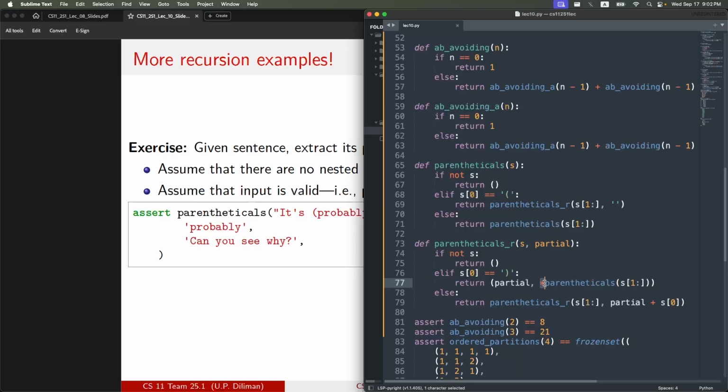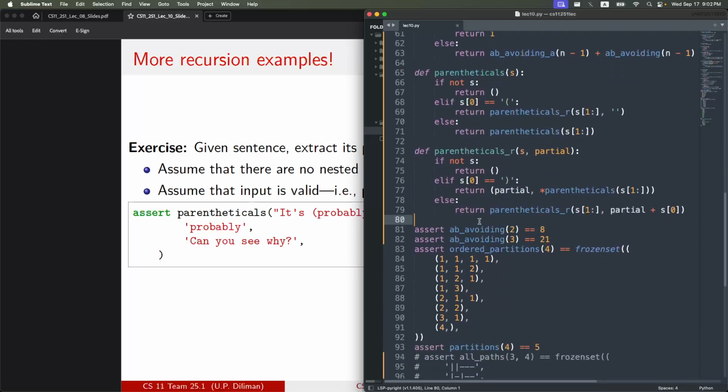This will return a tuple as well, so we will splat it here. Otherwise, if we have not found the closing parenthesis yet, we will continue adding to this partial string that we are building. We will add the first character to that and continue searching for the closing parenthesis using parentheticals R in the rest of the string.